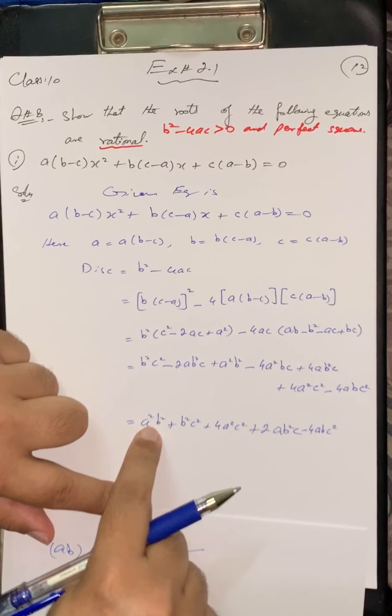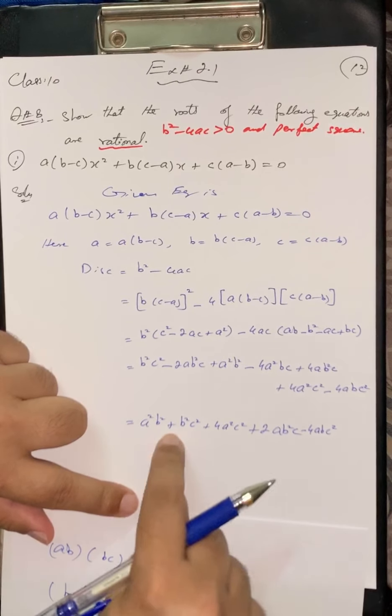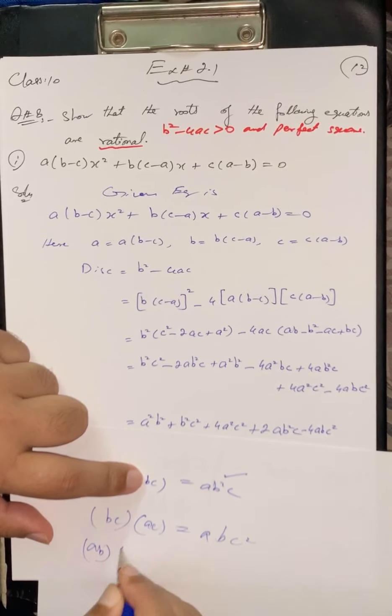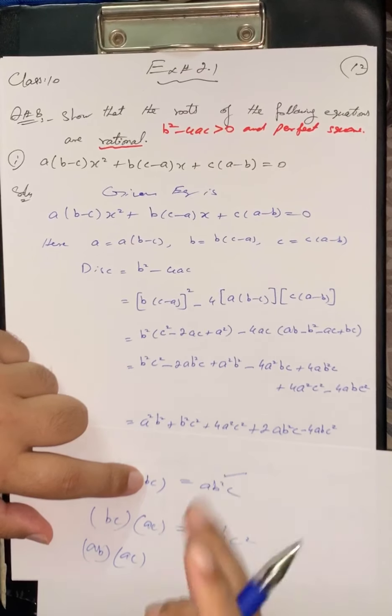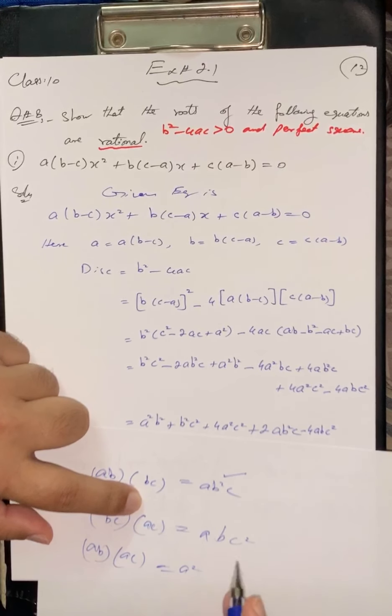And after that, when you find these two values, the last one left: first multiply with the third. Right here ab, bracket ac, right here ac inside. Don't write 4. Multiply them, it gives me a square bc.